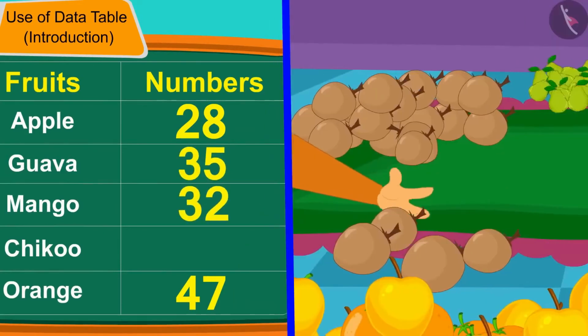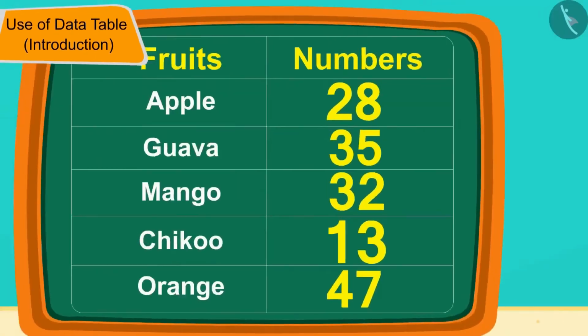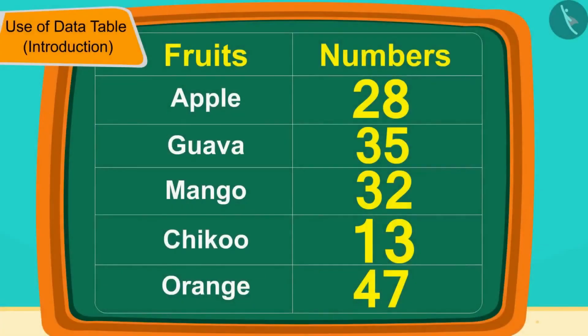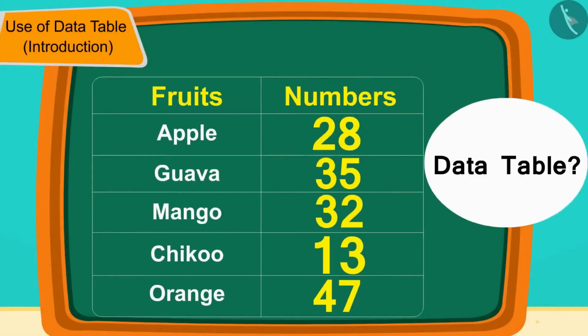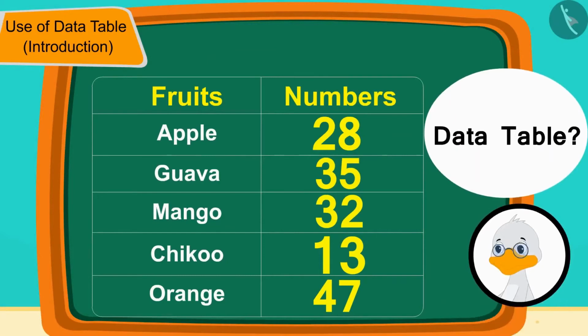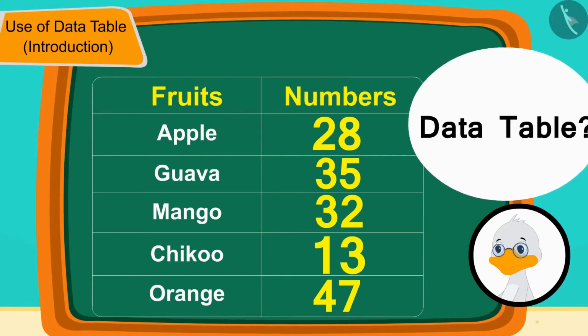The table is finally complete. Children, have you seen such a data table? Like Uncle, if we want to find the numbers of many objects and draw some kind of conclusion from it, then we can use the data table.